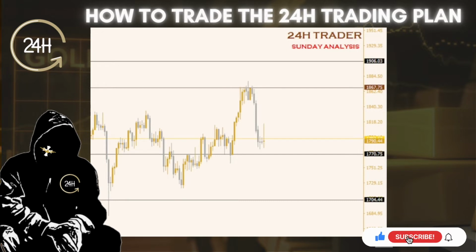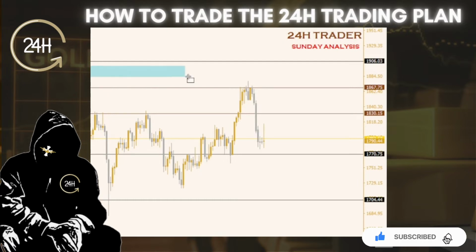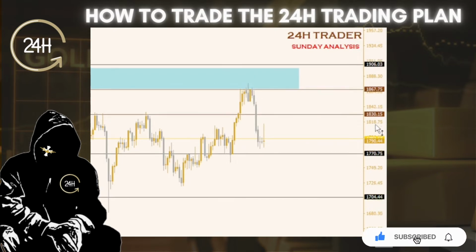This one is on the monthly time frame, this one is on the weekly time frame, but I usually skip the weekly and move directly to the daily time frame. So I'll mark the daily time frame with the saddle brown color. If you see on this daily time frame, I think the market has already picked up this POI right here.